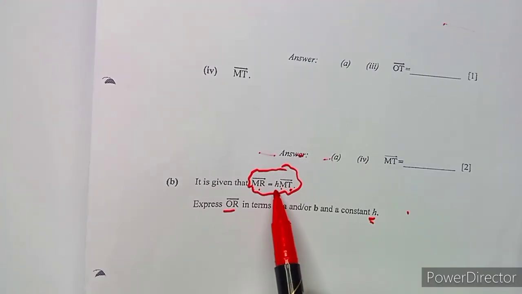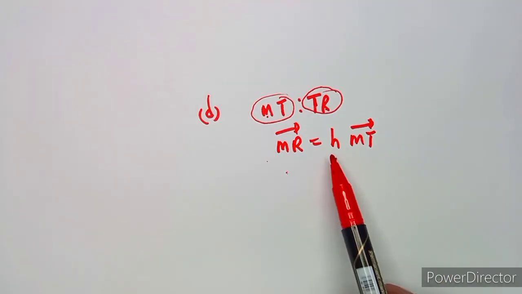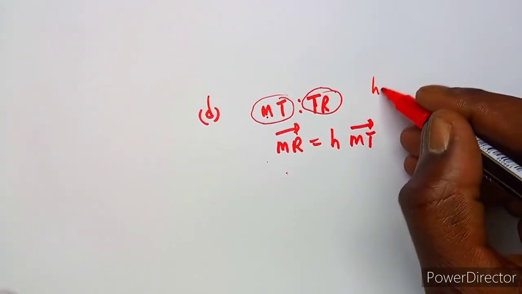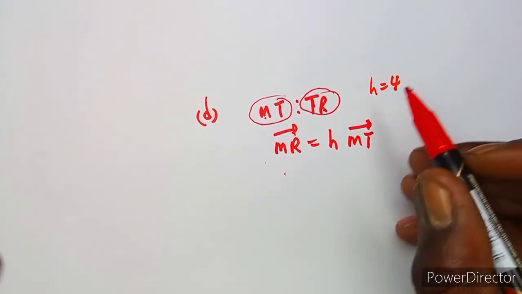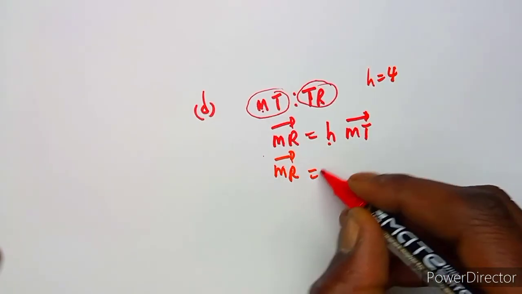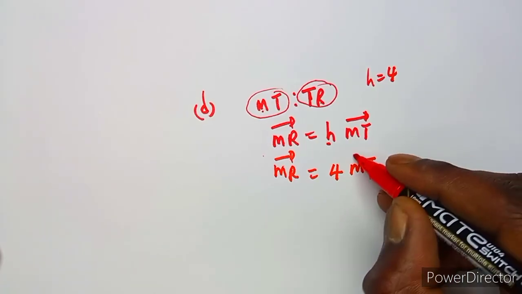It was given in terms of h, but now we just determine the value of h. We know that our h is what? Our h is 4. Remember our h, we calculated and we got 4. So we can replace this now to say MR is equivalent to h, which is 4 times MT, like this.